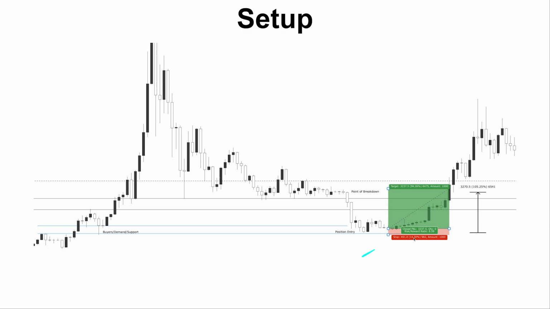Now, this says stop, which stands for stop loss. We haven't gone over that, but it's a way for us to set up a trade and define our risk and create invalidation levels. So if this was our potential position here, and we know that our buyers are right here at a demand zone and support, we want to enter here, we could say that below this price our trade is invalidated.